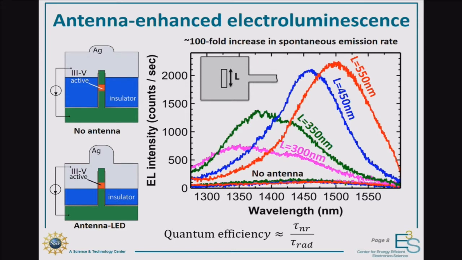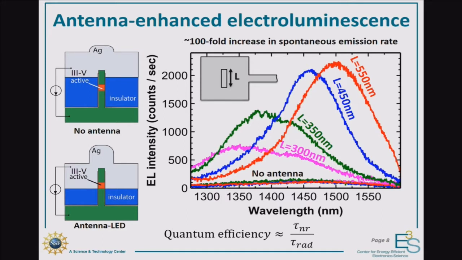And so we measured the electroluminescence intensity from both devices, and what we saw were two strong effects. One is a large increase in the light intensity from the antenna LED device. And we also noticed that as we changed the geometry of the antenna LED device, we could shift the emission wavelength of the active region. And this is just simply showing how we can tune the resonance wavelength of the antenna by changing the geometry.